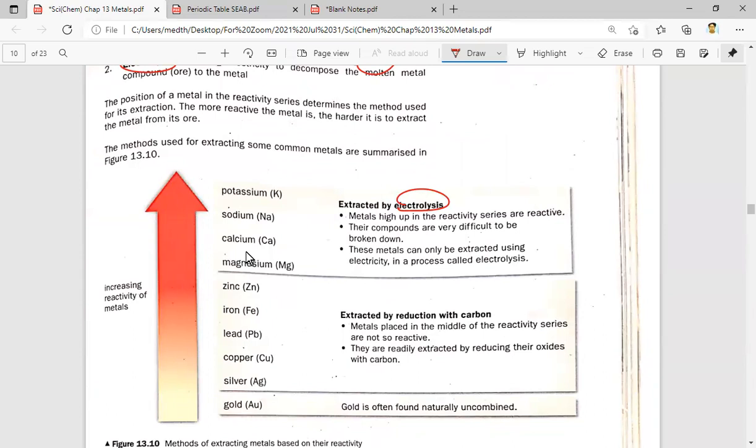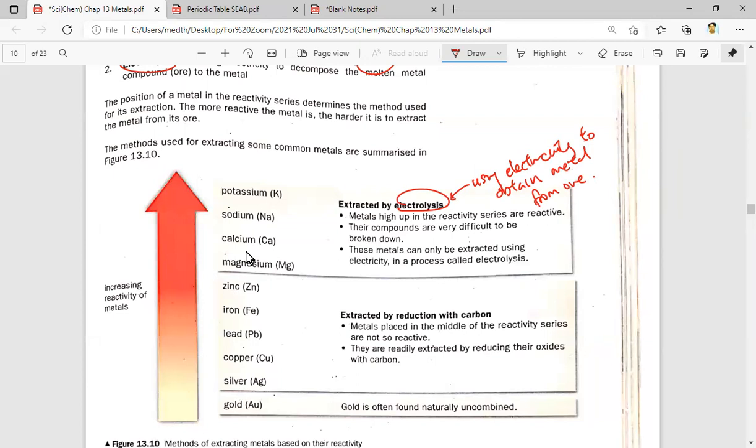That means I use electricity to break down the ore. Electrolysis is using electricity to obtain the metal from the ore. You are breaking down the ore so you can get a pure metal out of it.